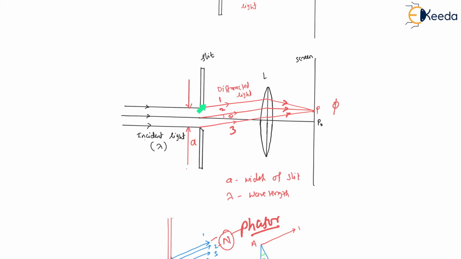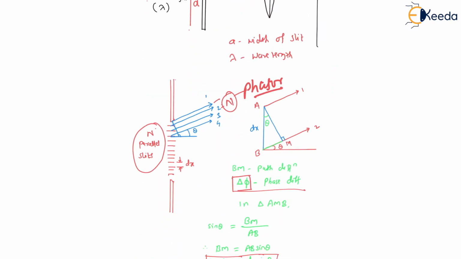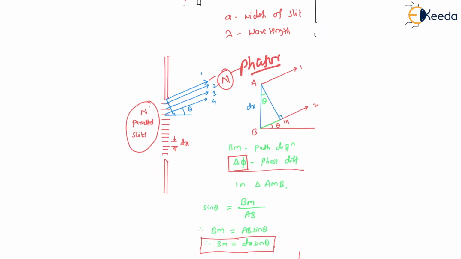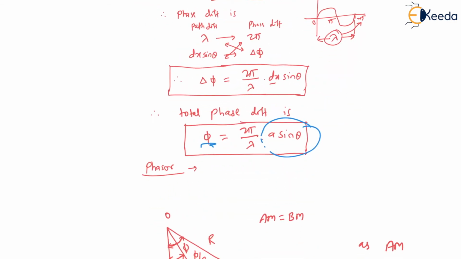Always remember, that is phi, and d phi is the smaller one. So we can write the total phase difference as phi equals 2 pi by lambda, where we only change dx to a. A is the total slit width. Sin theta will be as it is.